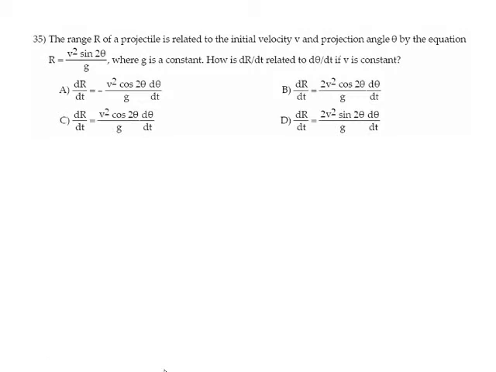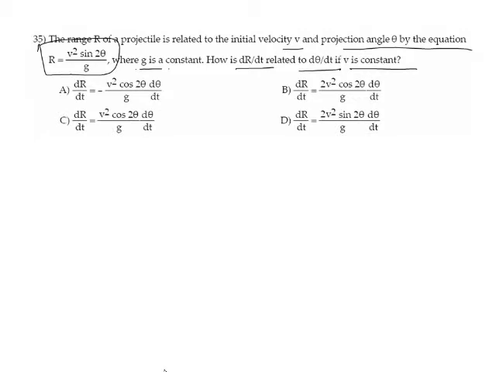Number 35, you've got the range of a projectile, which is related to the initial velocity v and projection angle theta by the equation R is equal to v squared sine of 2 theta divided by g, where g is a constant. How is dR/dt related to d theta/dt if v is a constant?